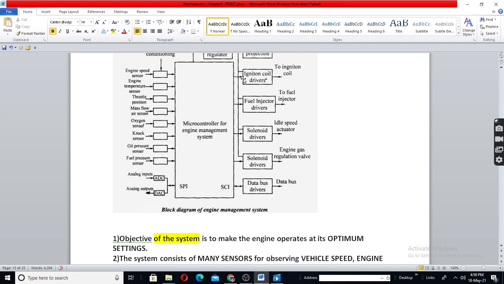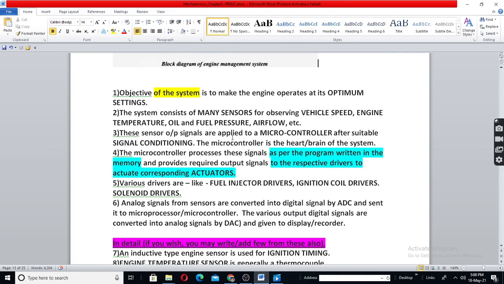Those desired outputs are used to drive the respective actuators. Ignition coil is an actuator. So this signal is going to drive this through this. This may be converted into analog because this is an analog device. So digital will be converted into analog, and then required amplification and everything will be done. That is in short.